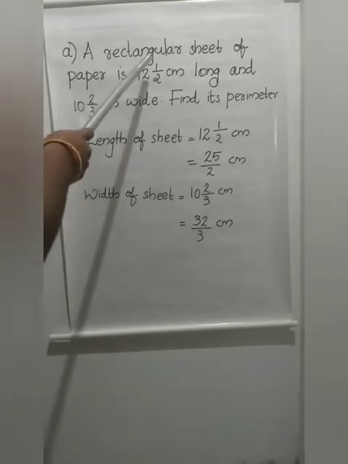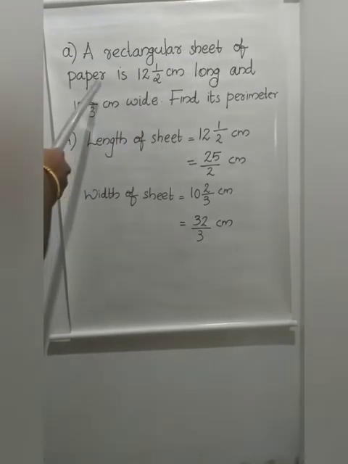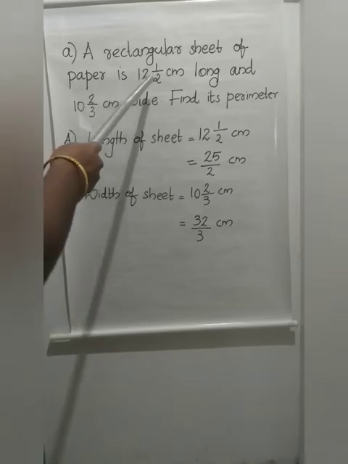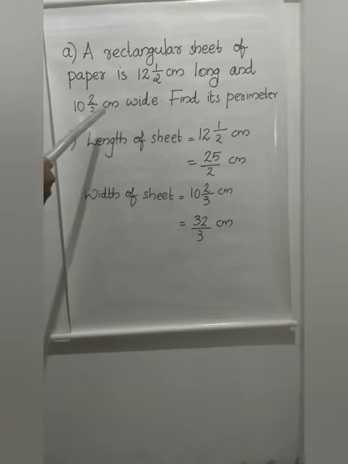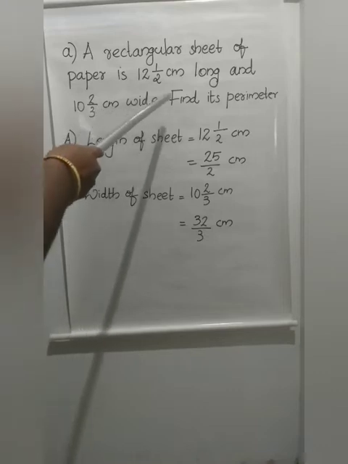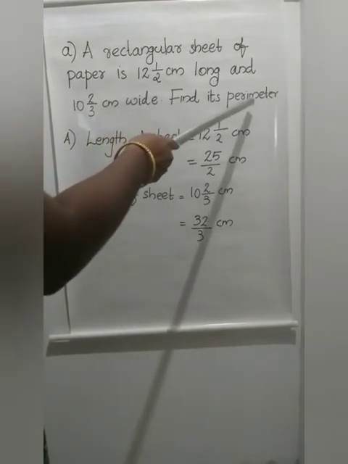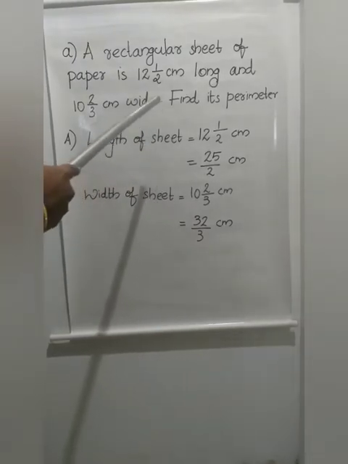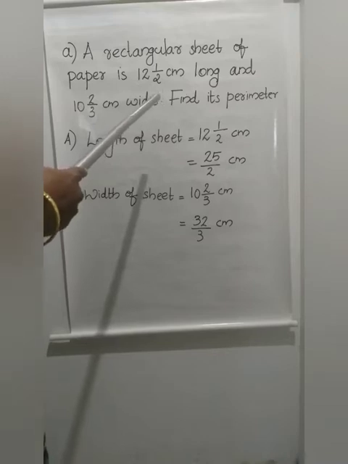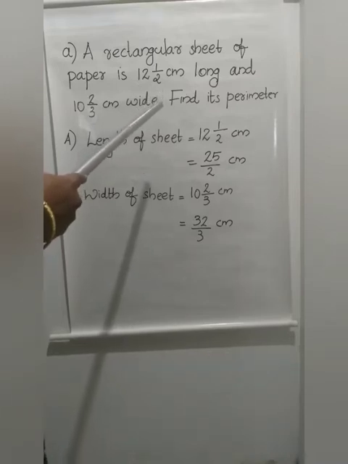A rectangular sheet of paper is 12 1/2 centimeter long and 10 2/3 centimeter wide. Find its perimeter. When you get a word problem, first read the question and understand what is given and what we have to find.